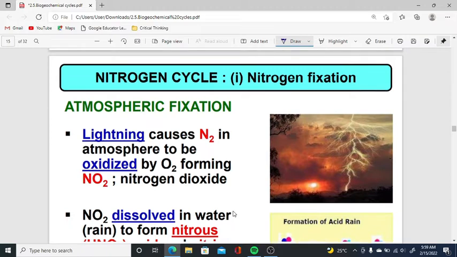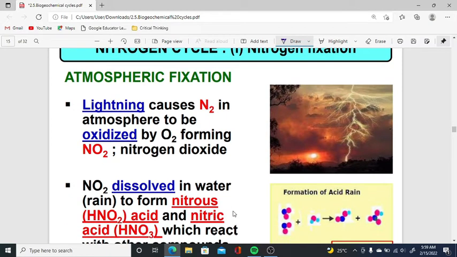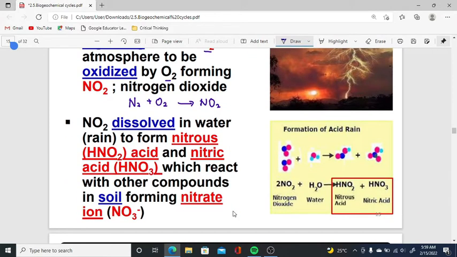Okay, so started with lightning, kilat, causes nitrogen gas in the atmosphere to be oxidized by oxygen, forming nitrogen dioxide. So kiranya nitrogen gas, dia akan oxidized by oxygen gas, forming nitrogen dioxide. Okay, and then nitrogen dioxide ni nanti it will dissolve in water, rain lah, to form nitrous acid and nitric acid, which react with other compounds in soil, forming nitrate ion.